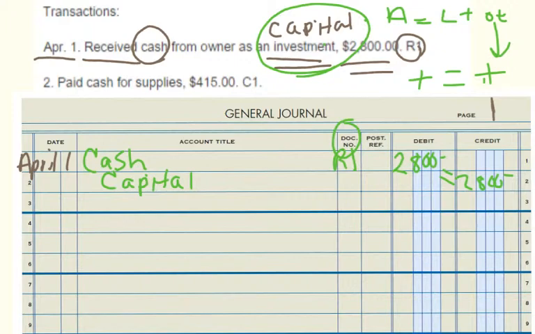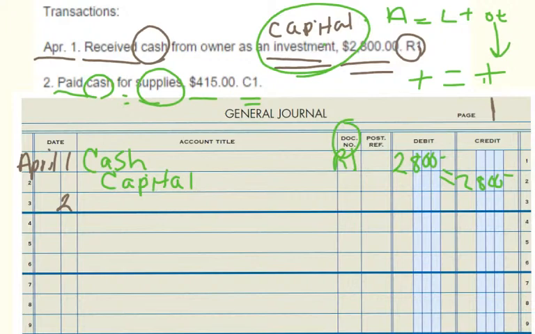Okay, now we're going to do the second transaction. So we are looking at the date of April 2nd. We paid cash for what? You're right, supplies. So we look at what is coming in.